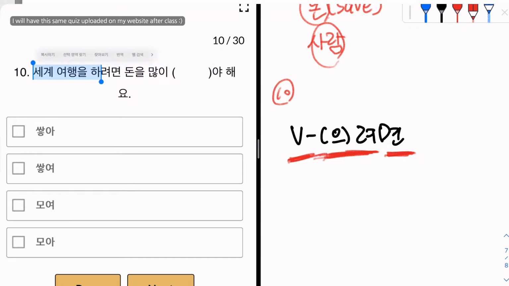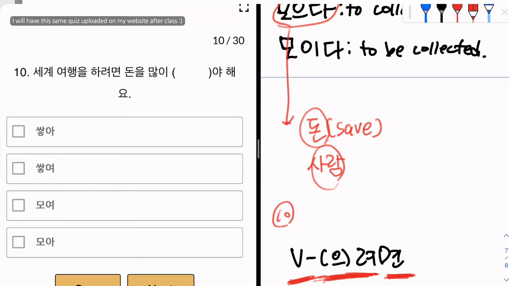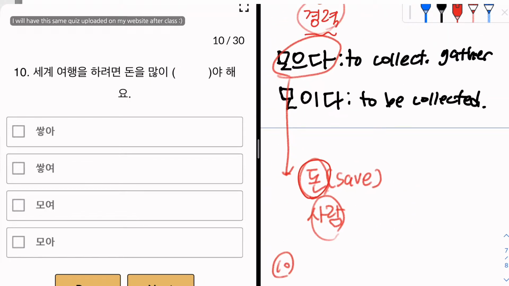So 세계 여행을 하려면 means if you want to travel the world, then 돈을 많이 blank 야 해요. You need to, you should blank a lot of money. So we just learned 돈. 돈 usually goes with 모으다 or 모이다 for saving up, right?